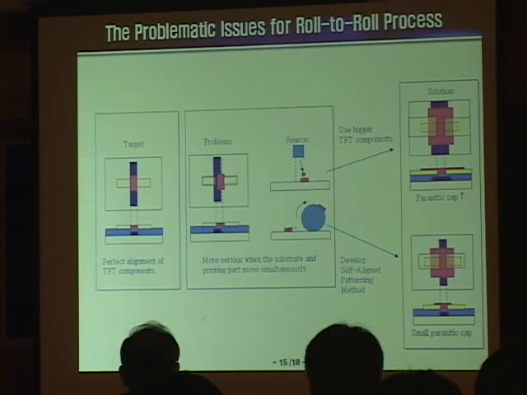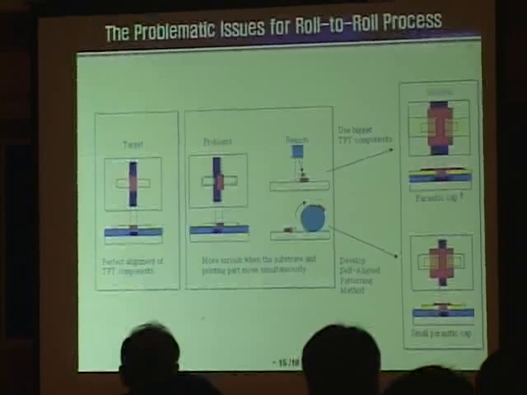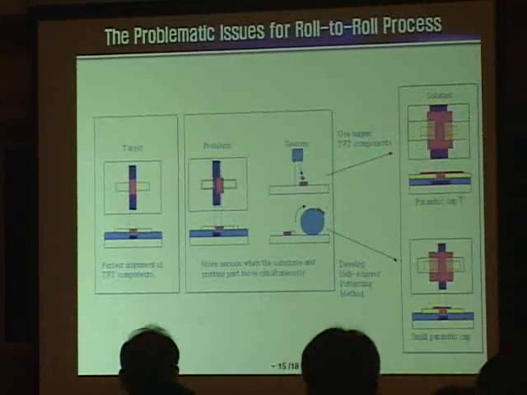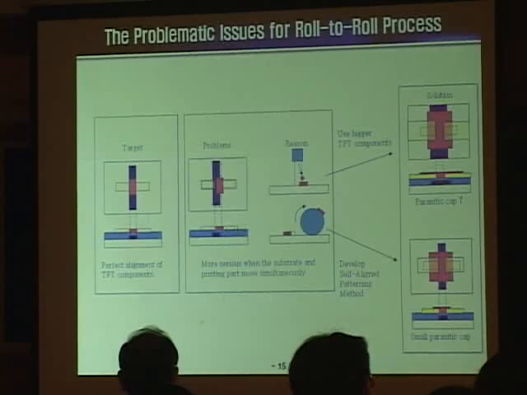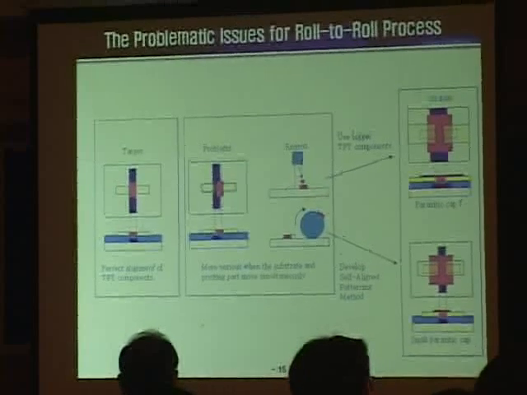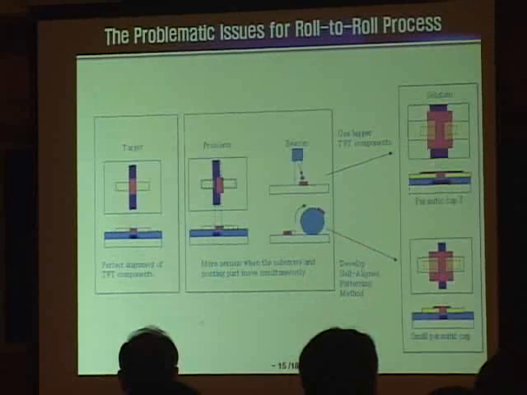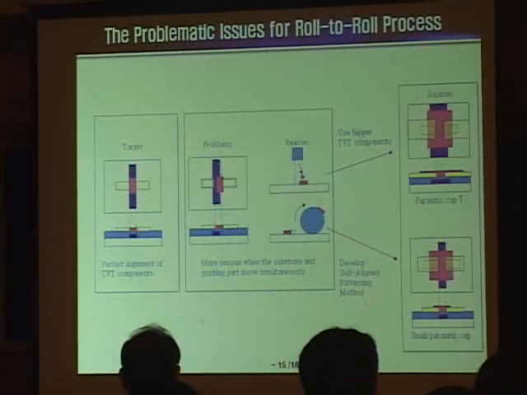To overcome these kinds of problems, there are some solutions. We can increase the size of the TFT components like this, but with this strategy, the increased plastic gap will act as a disadvantage. So in most cases, the fundamental solution will be development of a self-aligned patterning method.